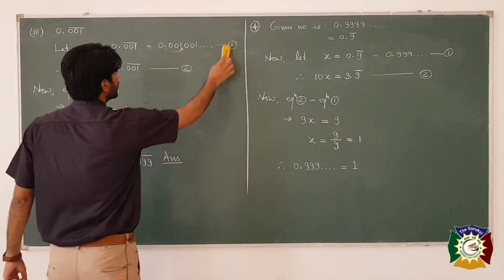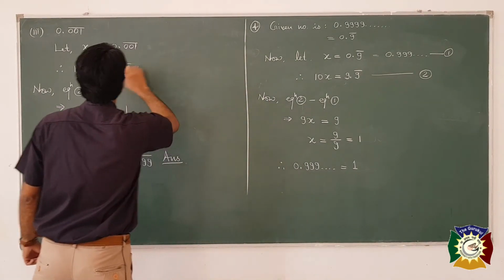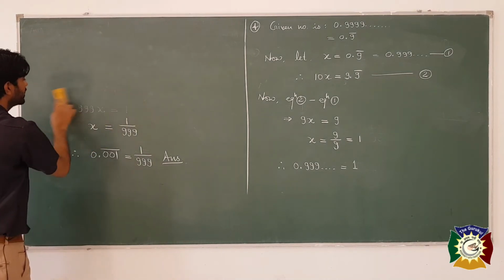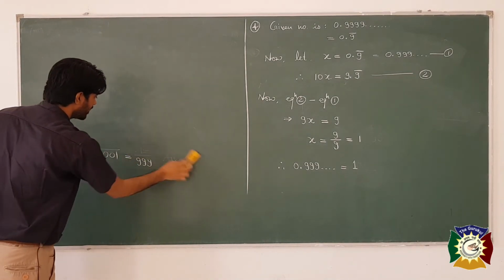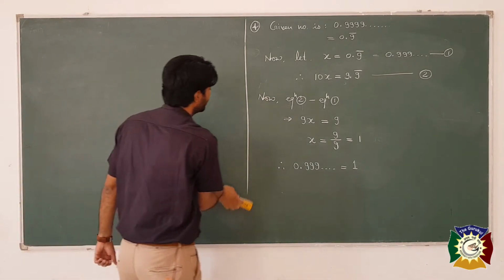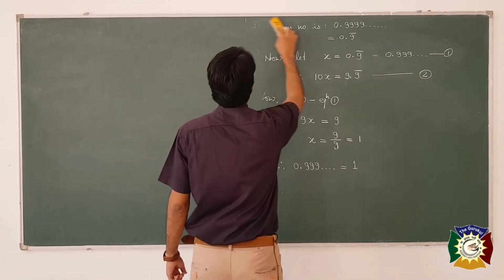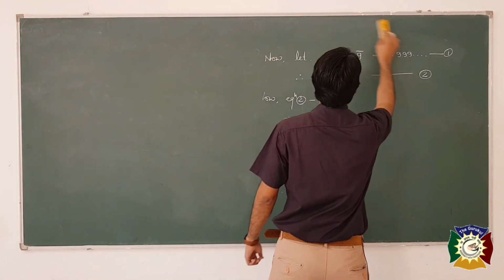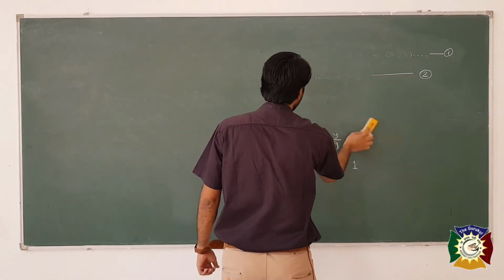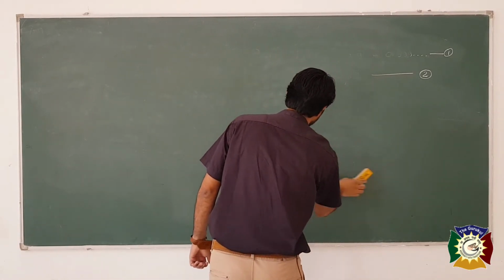So I am going to divide 1 by 17. How many digits can be there in the repeating block? What is a repeating block? Repeating block of a decimal means how many digits are being repeated, how many digits have a bar on them. That is called the repeating block.